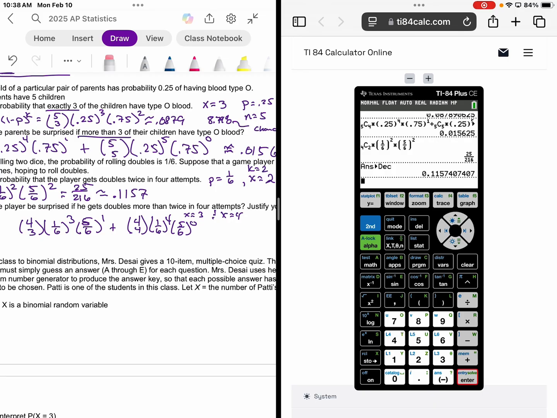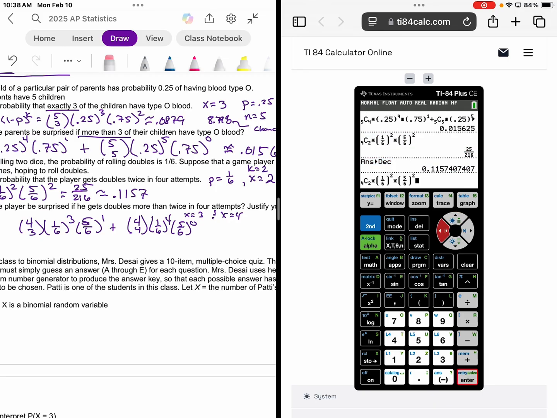So I'm going to go back up and grab what I had up here, alter my exponents. So I'm going to do the 3 one first. And plus, go back up, grab that thing again, and then change those to 4 and zeros and stuff.